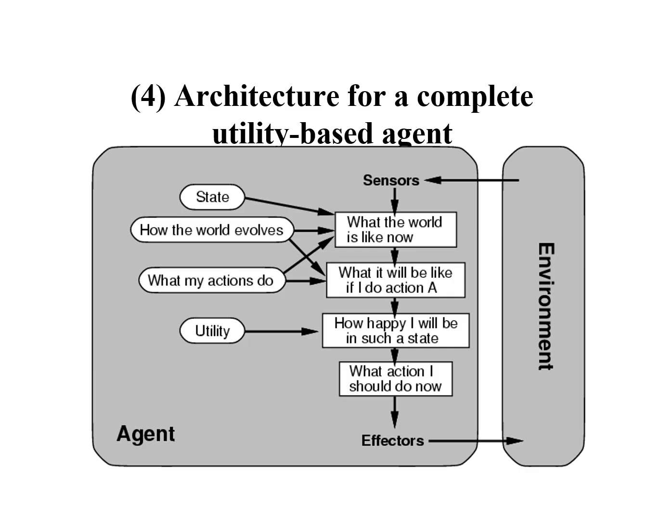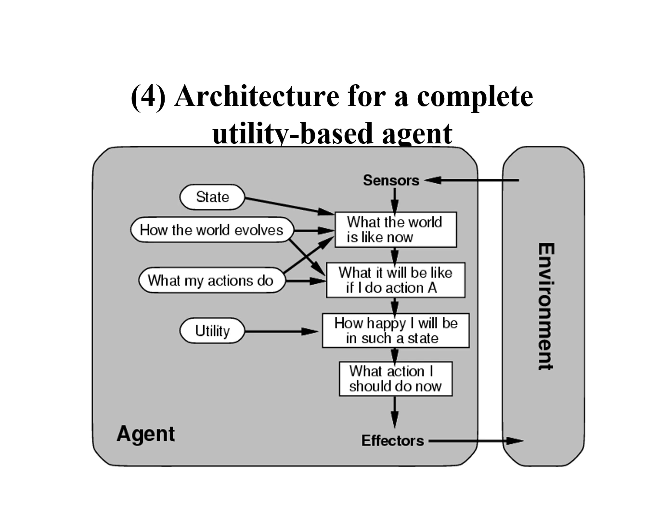In this section, we will be talking about the architecture for a complete utility-based system. Here we have the agent and the environment. The sensor senses the environment and acquires knowledge of it, and passes on what the world is like now, what it will be like if I do action A, and how happy I will be in such a state.